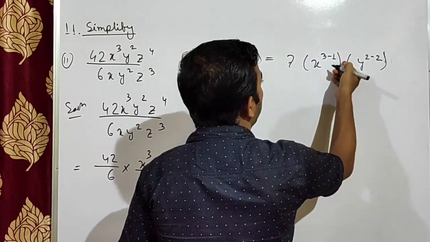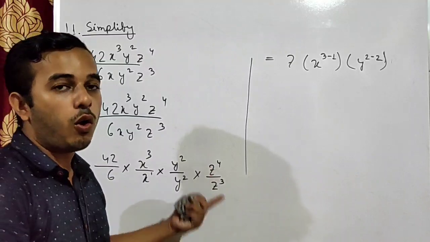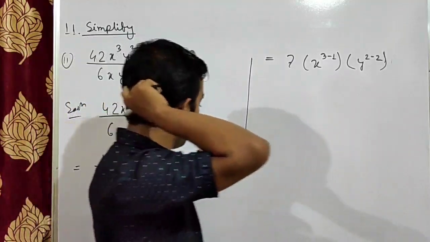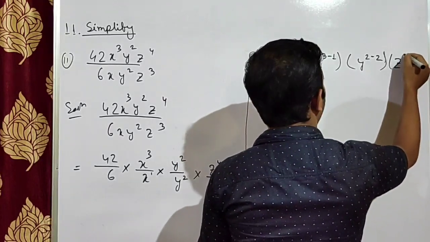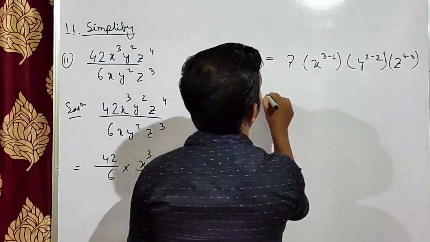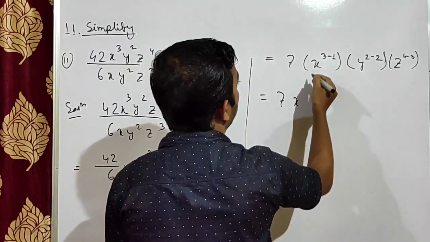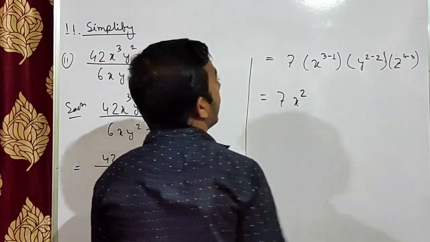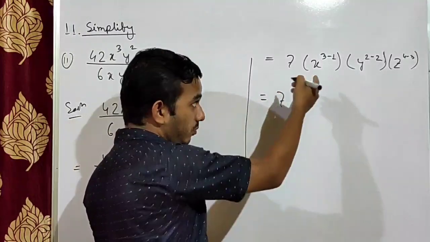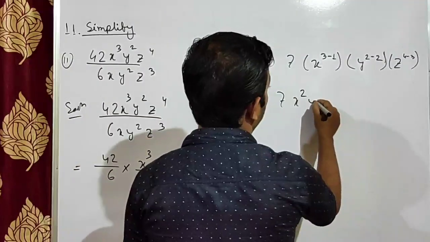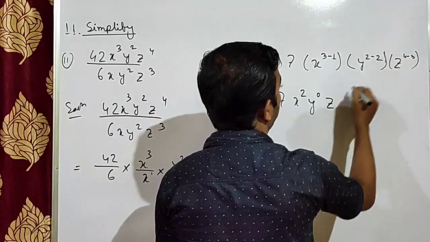Here I am not writing the multiplication sign because it will be long. They are all multiplied. Now look, 7, then 3 minus 1 is 2, then y to the power 2 minus 2 is 0, then z, 4 minus 3 is 1.